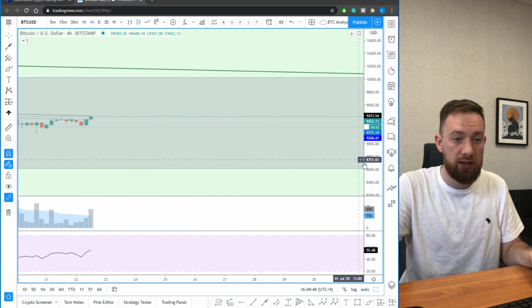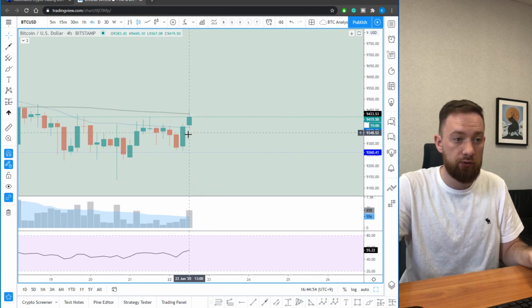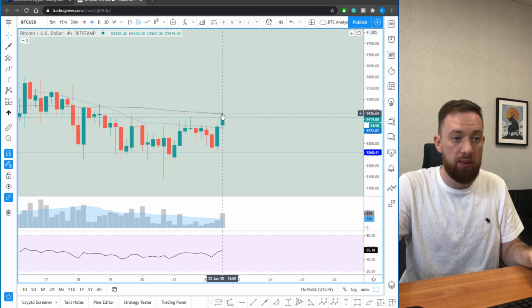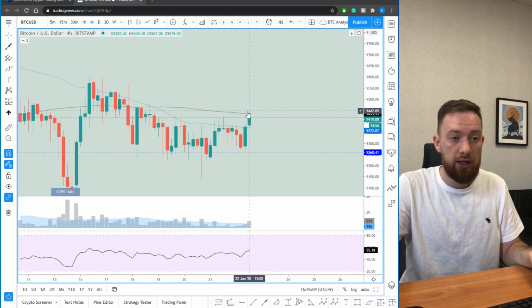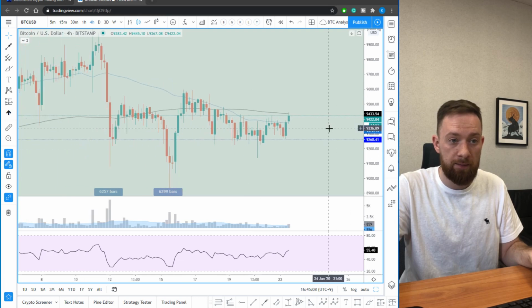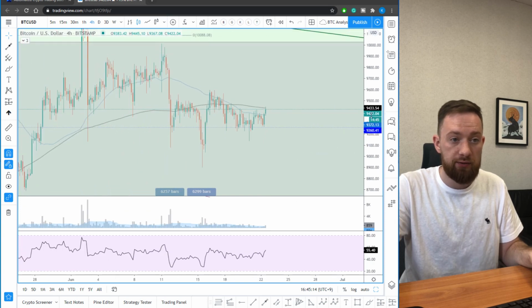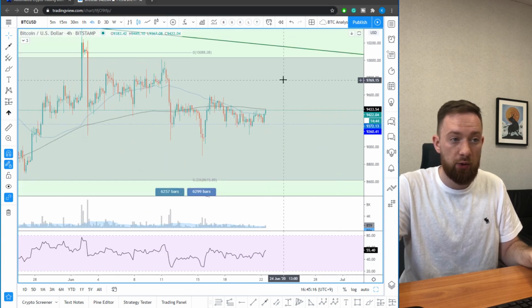On the current 4-hour candle on the Bitstamp exchange, the volume is quite good, but the price is still trying to break above the 200. If we are able to hold below it, we might see an immediate reversal and movement towards 9,000. If not, then the price can carry on with the upward movement towards 9,800.